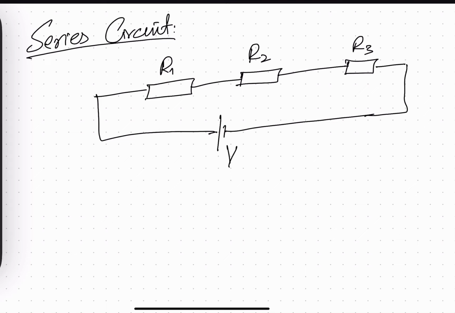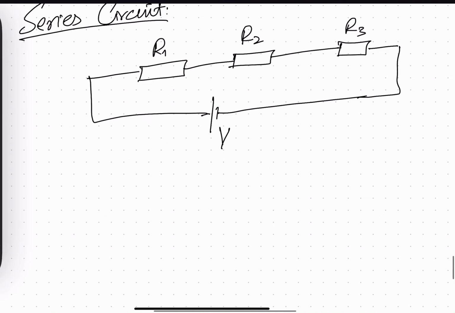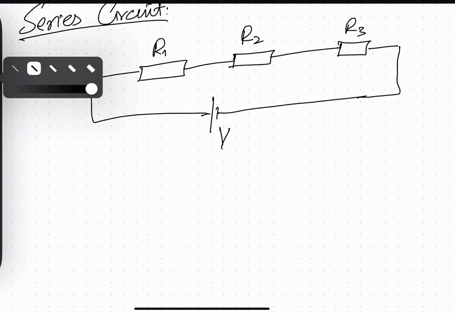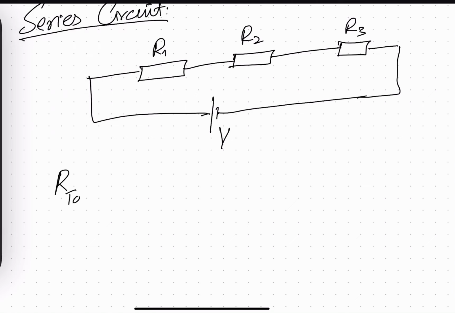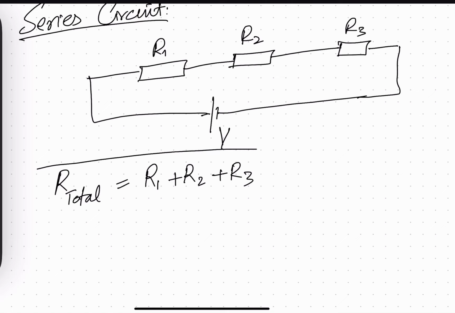Let's talk about the resistance first. The total resistance will be a simple sum of all the resistances, R1 plus R2 plus R3.